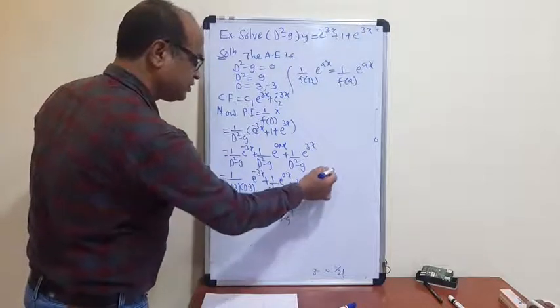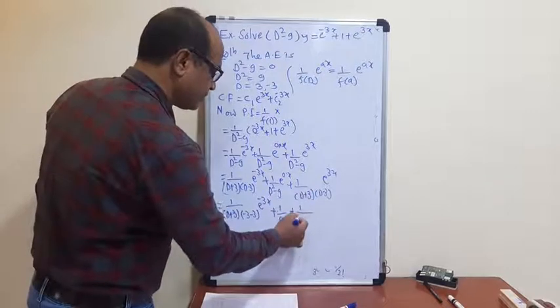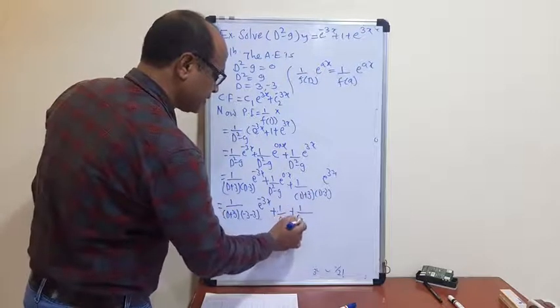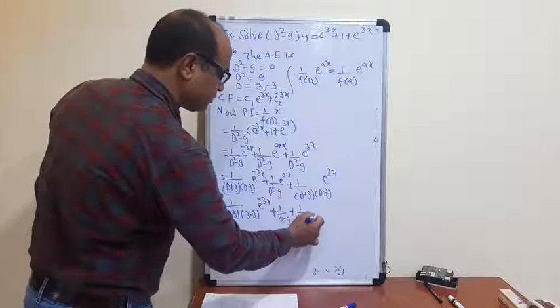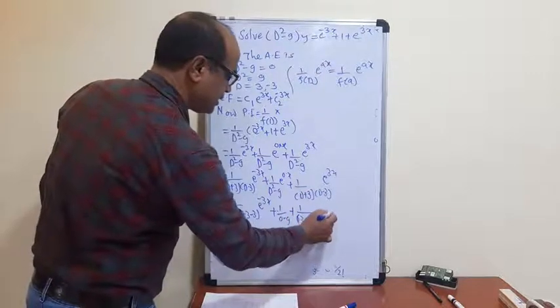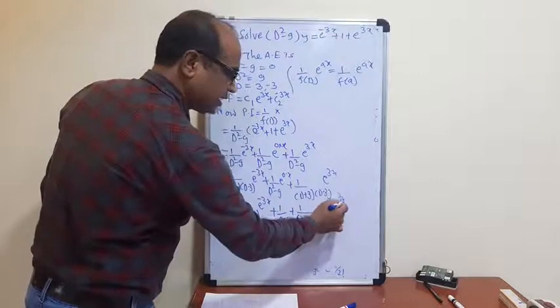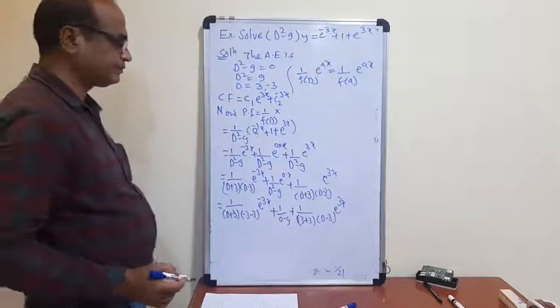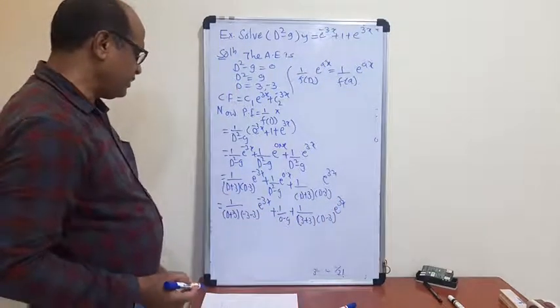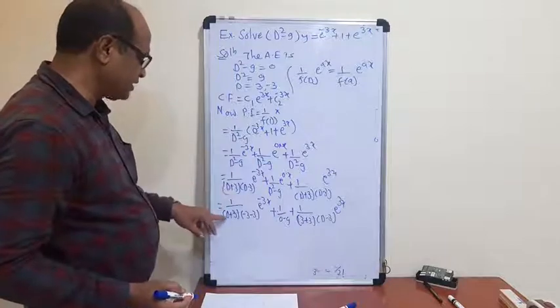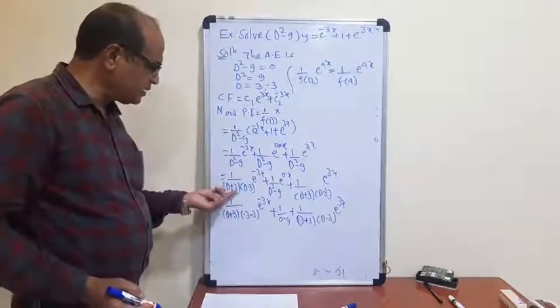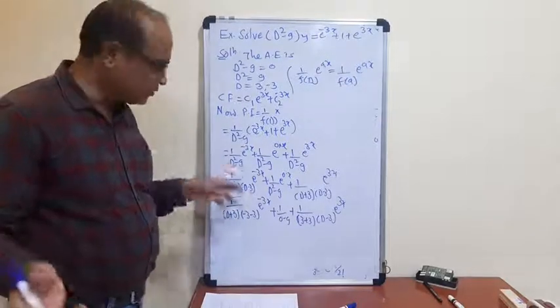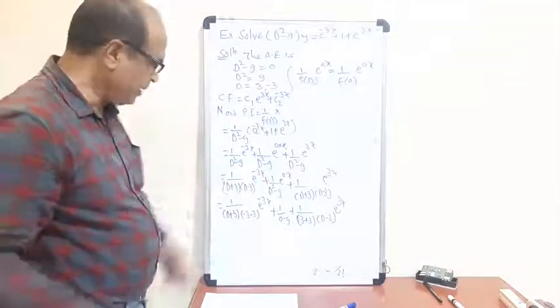Plus, put D equal to 3: 3 plus 3 into (D minus 3), e raised to 3x. Why are we not putting D equal to minus 3 in the first term? If we put D equal to minus 3, the factor becomes 0, and 1 upon 0 is infinity, so the method fails.